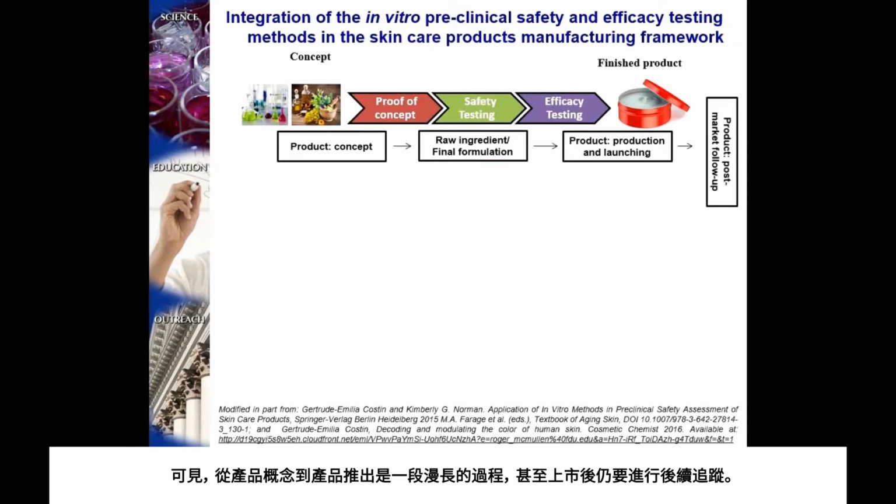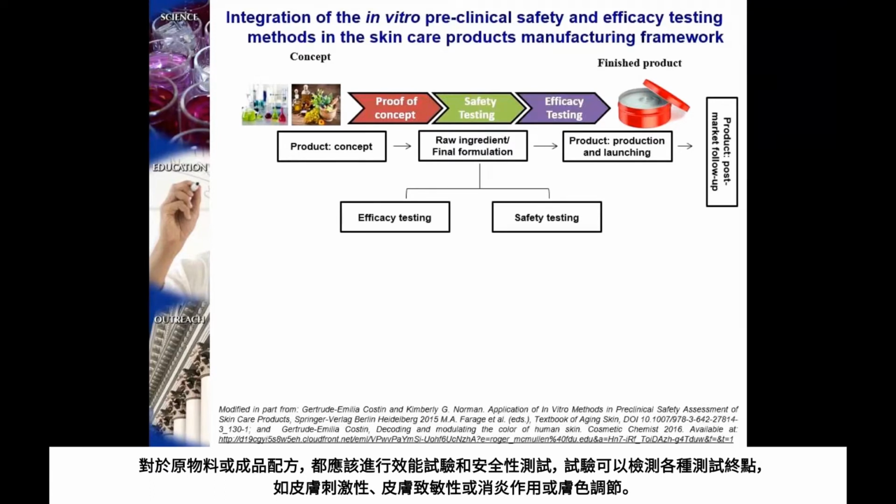It is a long way from the concept of the product to the product launching, and even after that into post-market follow-up. So for the raw ingredients or the finished formulation, efficacy testing and safety testing should be performed.